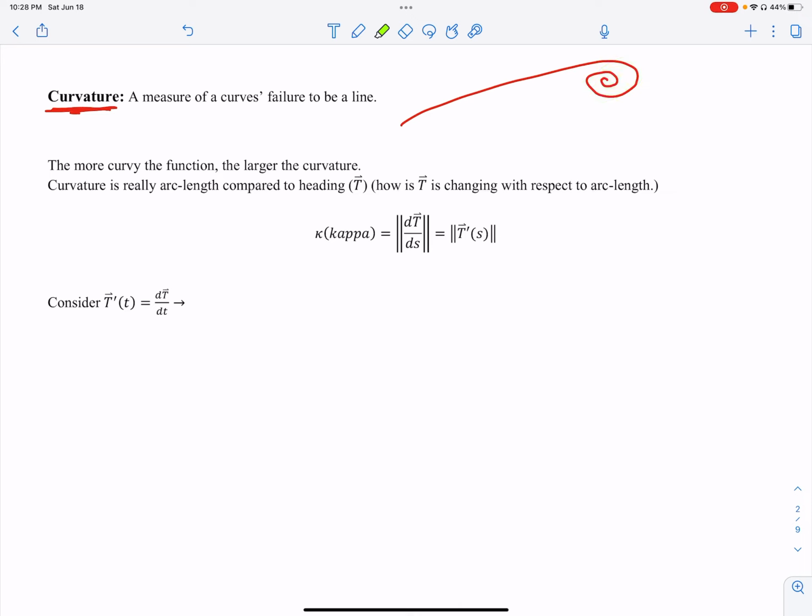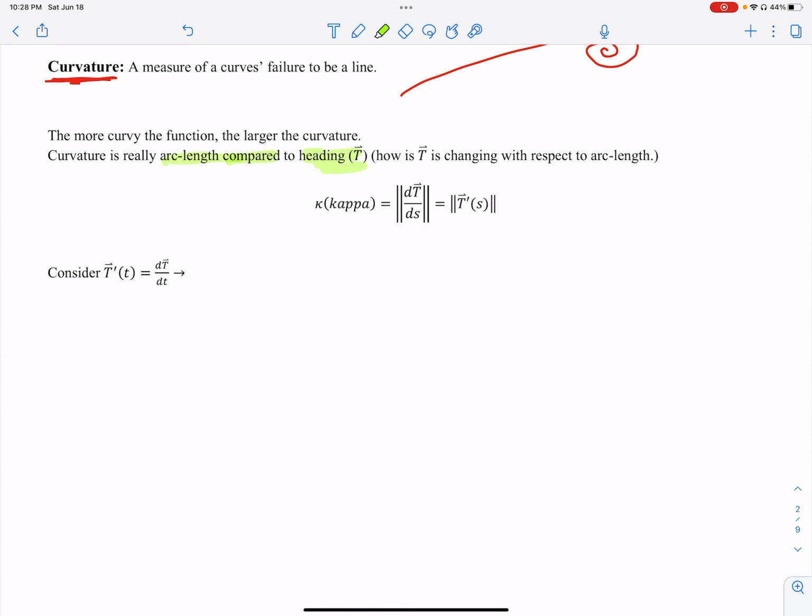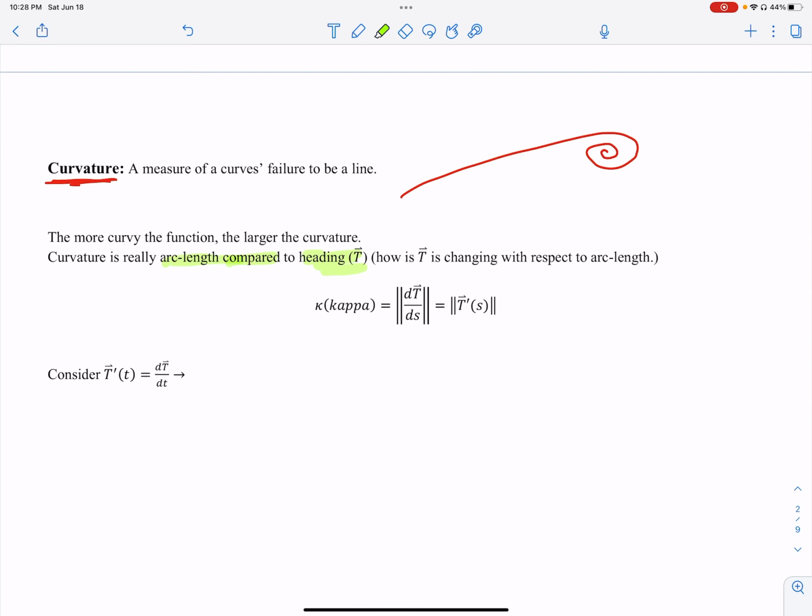A way to think about this, and I would like you to stop and really think about what this is saying: curvature is really heading compared to arc length. Think about it, arc length is how far we're going to travel. Heading is how much does it change, like how much does the plane change. Like this is the unit tangent vector goes from here to here. It's changing quite a bit, right?